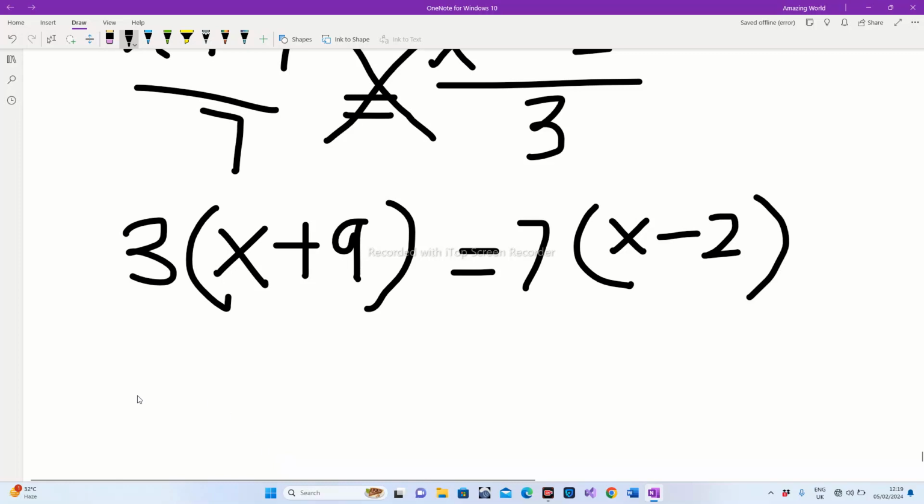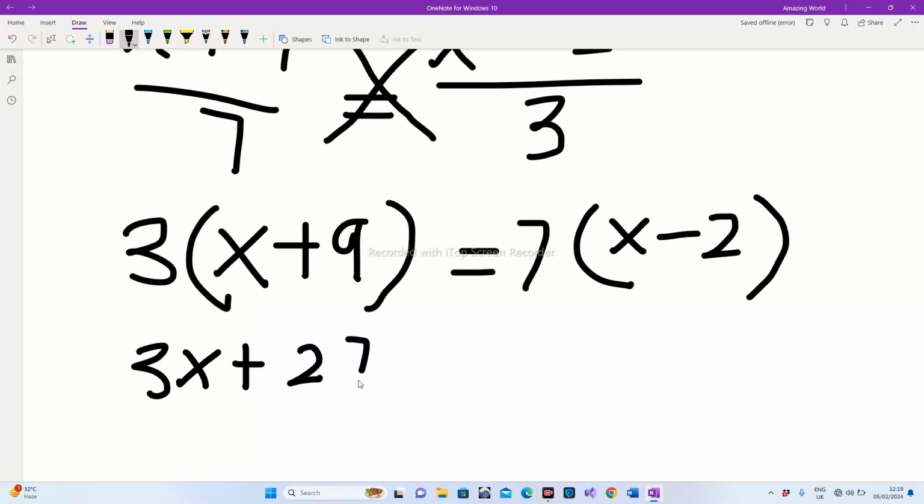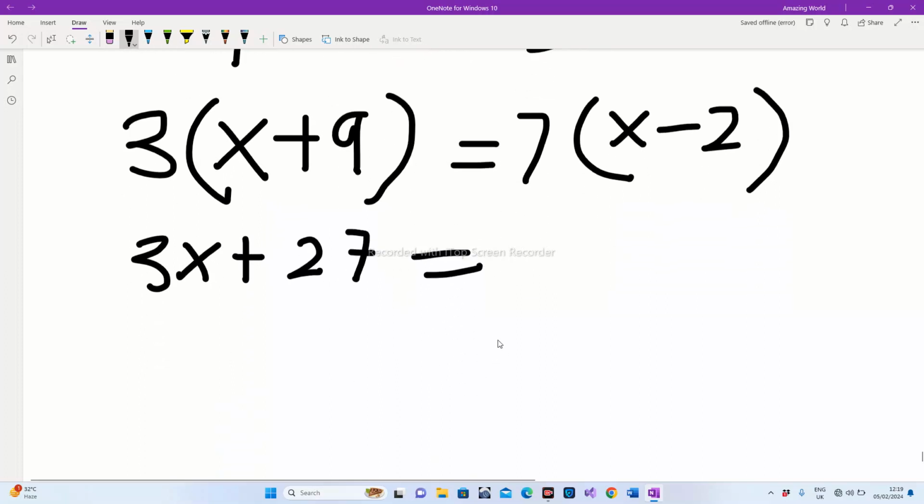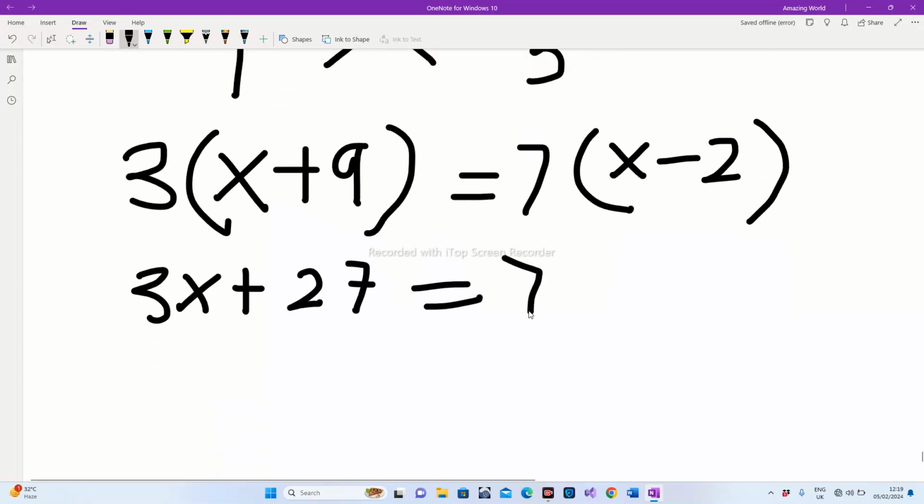Okay, so we should all know that we are to expand the brackets from here. So 3 times x gives us 3x, and 3 times 9 gives us 27, equals 7 times x gives us 7x, and 7 times 2 gives us 14. I believe this is very well explained.